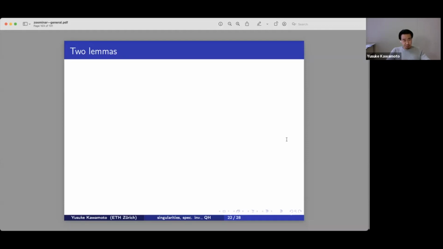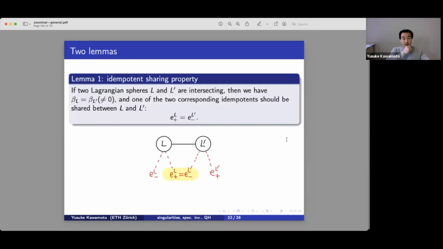Okay, so now I'll tell you two lemmas that are going to allow us to prove the theorem. The first one is called the idempotent sharing property. Suppose you have two Lagrangian spheres that are intersecting, homologically, or they share a point or whatever. Let's say homologically. Then, as I said, each of the Lagrangian spheres gives you two idempotents.